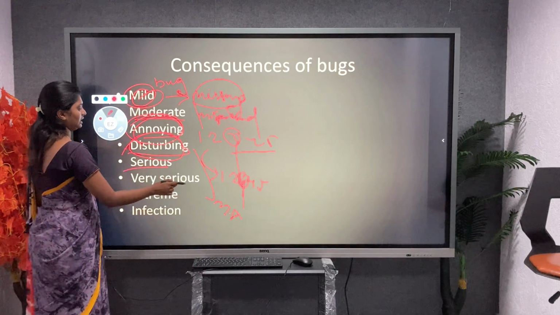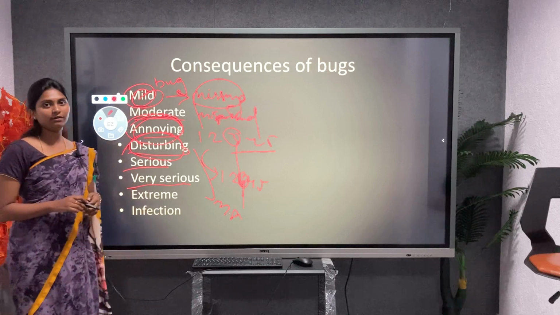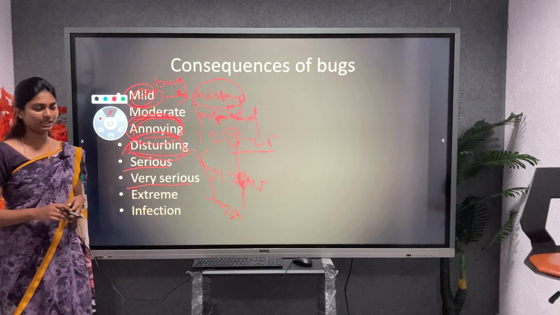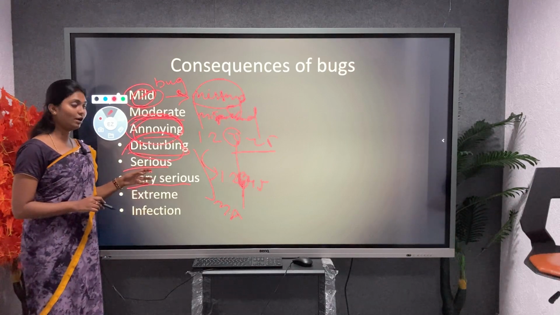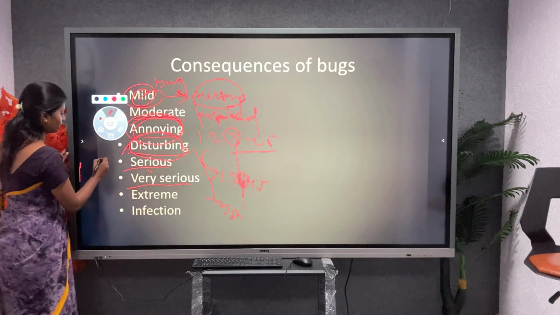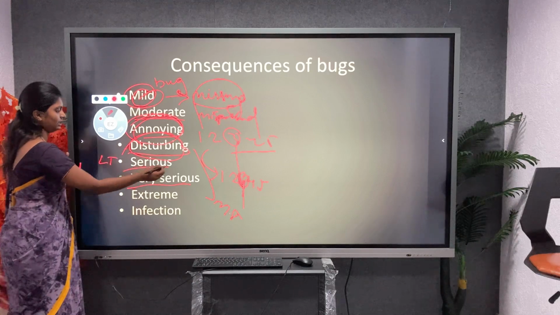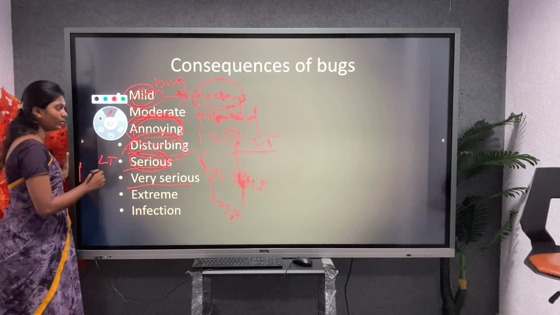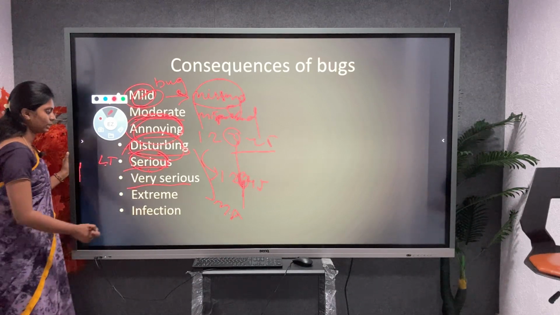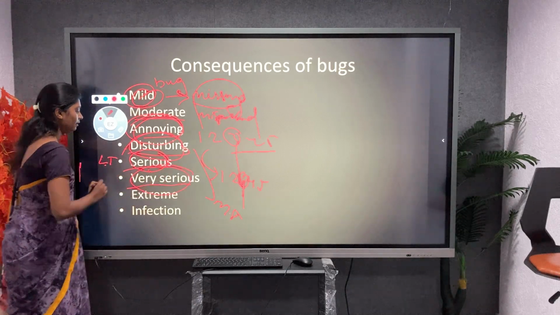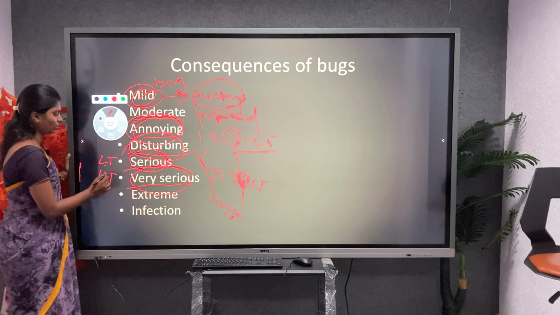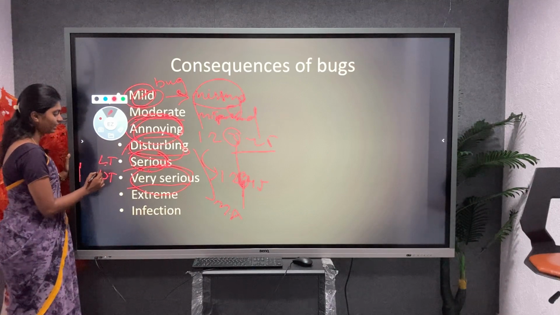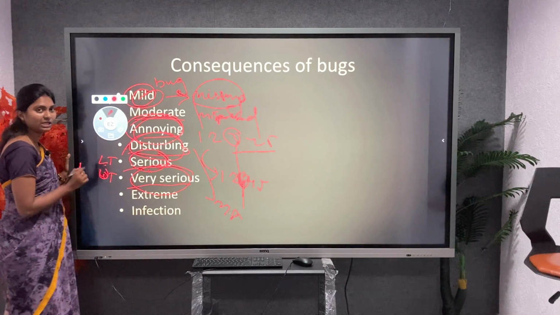Now what are serious and very serious? Serious means nothing but loss of transactions. In serious we define loss of transaction. In very serious we define unwanted transactions, the worst transactions.